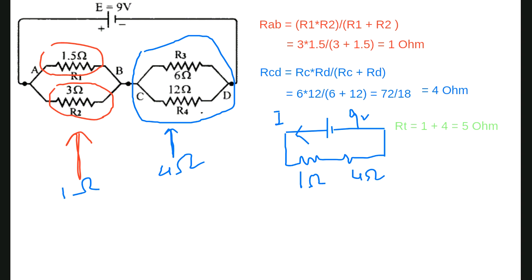I equals V by R. So it will be V divided by R, which is 9 divided by 5 equals 1.8. What is the unit of current? Anyone? Ampere. So this is the way you can solve. Is it making sense, all of you? So this is the way you can solve different electronic circuits.